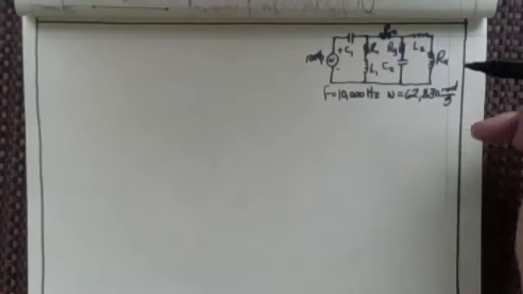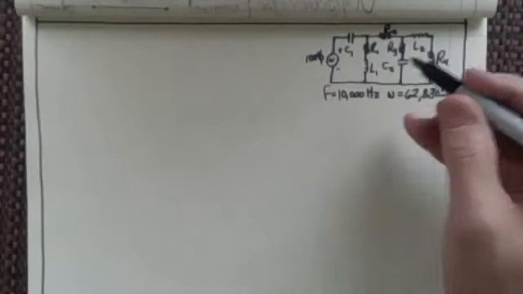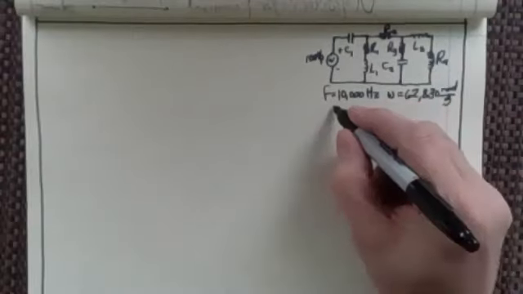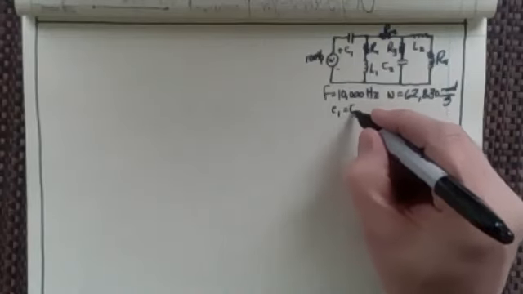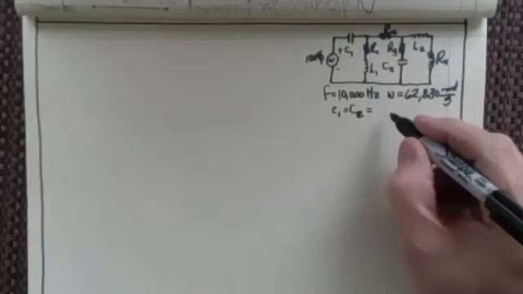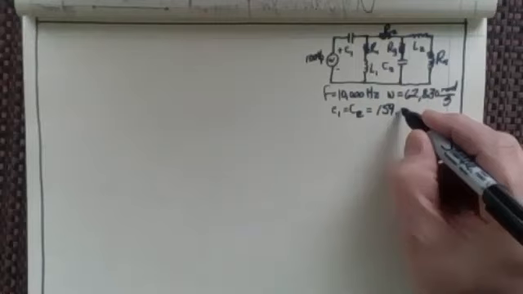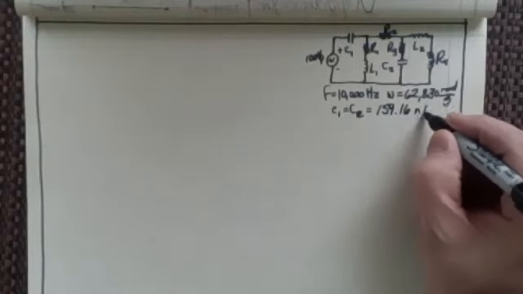So I chose that, and I want to give you the actual values of all of these various things. Both C1 and C2 are equal, and their values are 159.16 nanofarads.